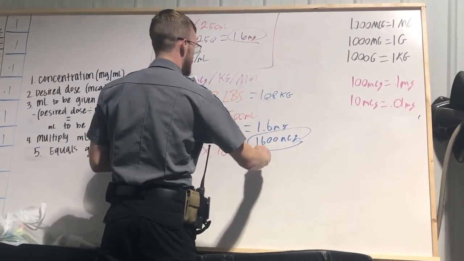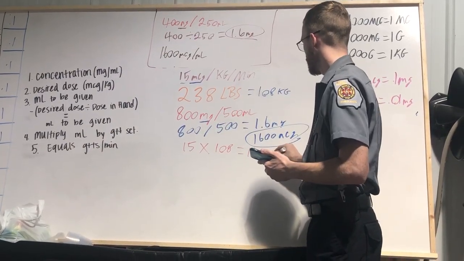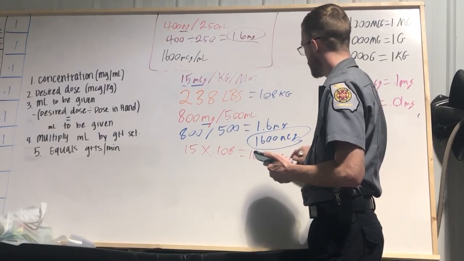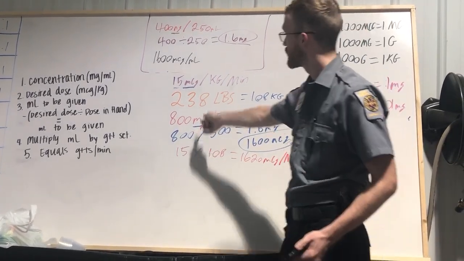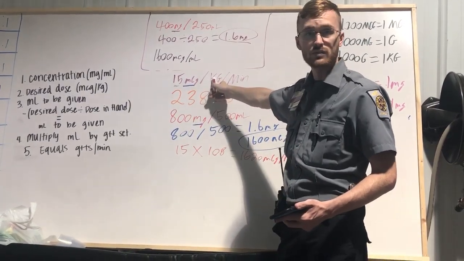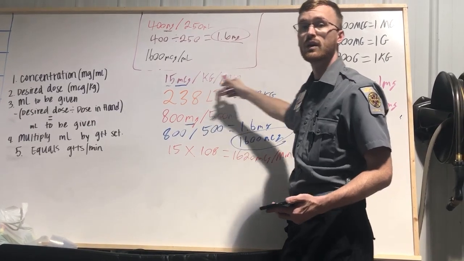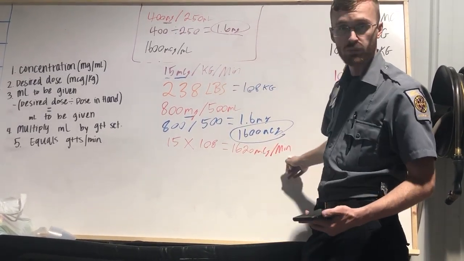So that equals 1620 micrograms per minute. And the reason I know that's micrograms per minute is because it's 15 micrograms times their kilograms. So 15 micrograms per kilogram per minute. And we've already gotten rid of their kilograms, so now we're working on the micrograms per minute.